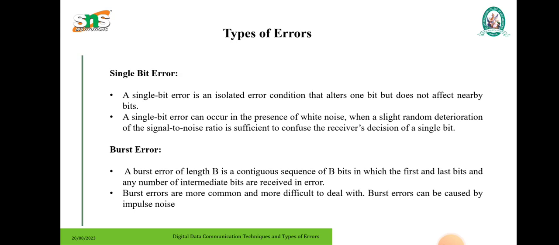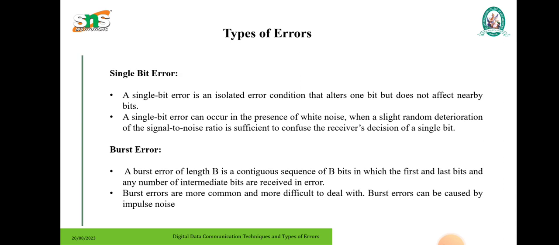A single bit error can occur in the presence of white noise, when a slight random deterioration of the signal to noise ratio is sufficient to confuse the receiver's decision on a single bit. That is, when 0 is converted to 1 or 1 is converted to 0, it is called a single bit error.